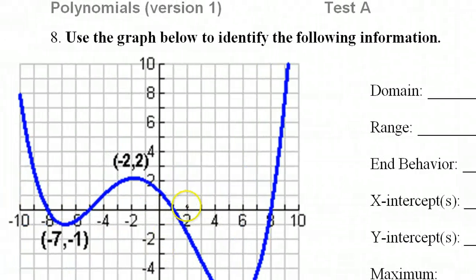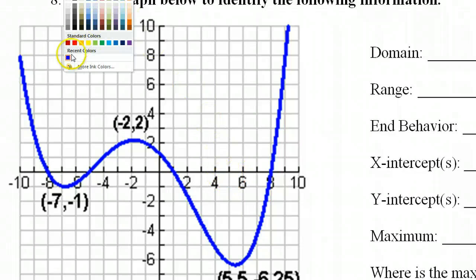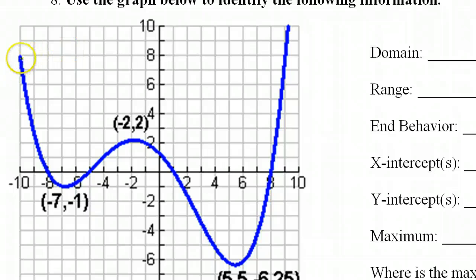Alright, let's talk about this graph. Now, please understand that the idea is that this goes forever in this direction, and this also continues forever like so. It doesn't stop. It just runs off the graph.